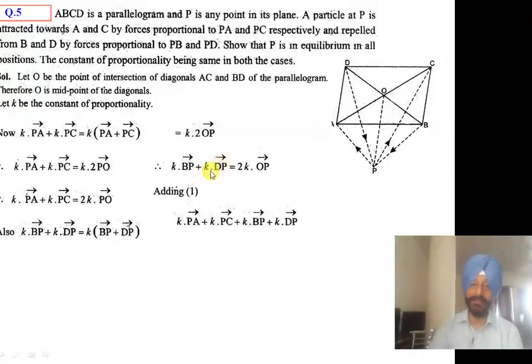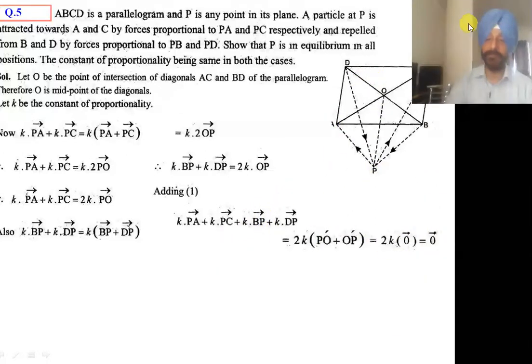On adding these two, we get PA plus PC plus BP plus DP with K as coefficient, and we get 0, and this is our answer. So it's just a simple thing.